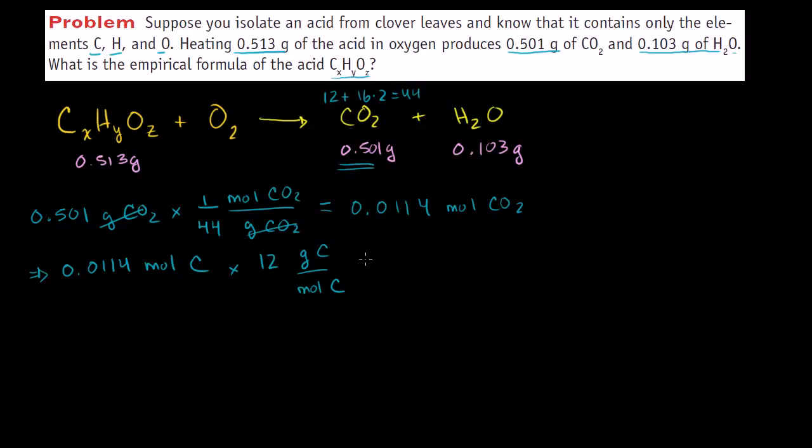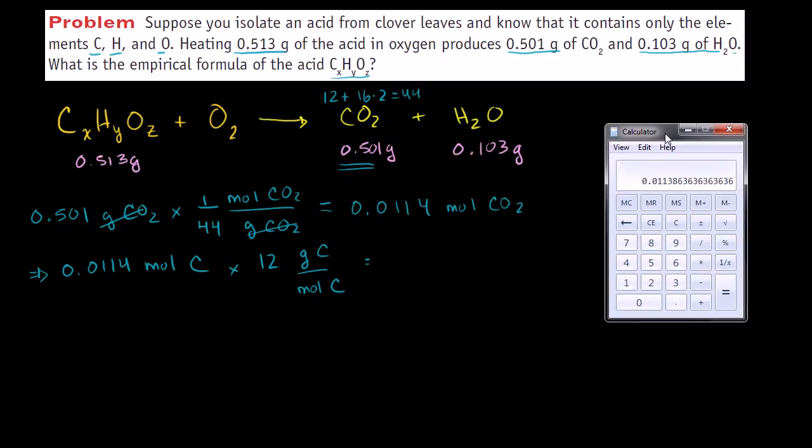So what does this equal? How many grams of carbon are we dealing with in this mystery substance right there? Get the calculator back. So if we multiply, it's actually this exact same number. Let's just multiply it by 12. So times 12 is 0.137. Let me write that down.